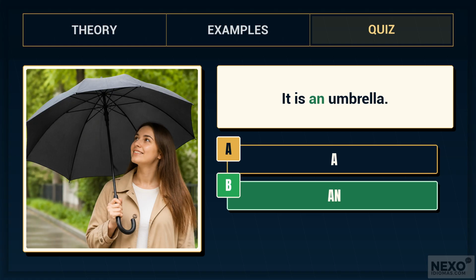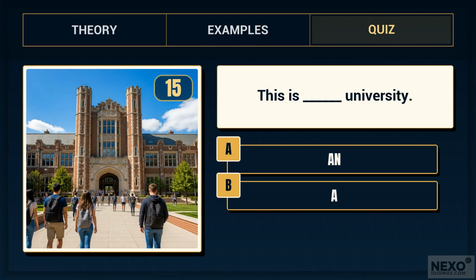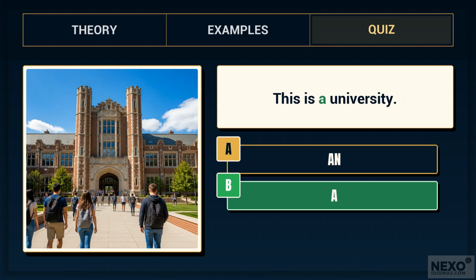An. It is an umbrella. Choose an option. A. This is a university.